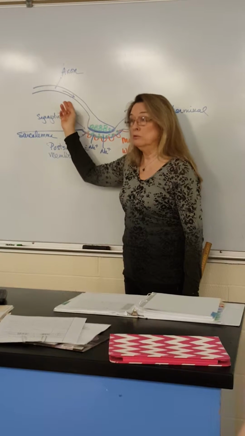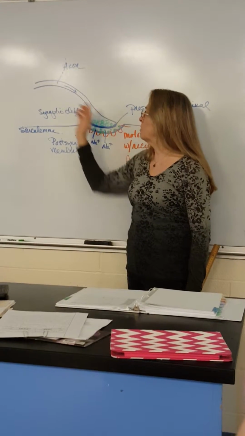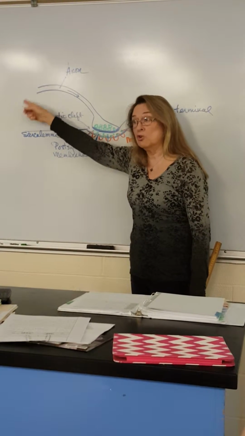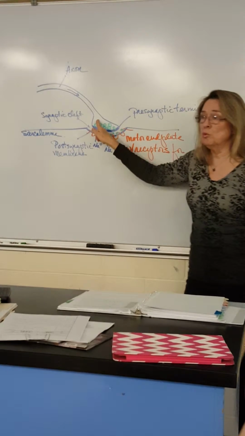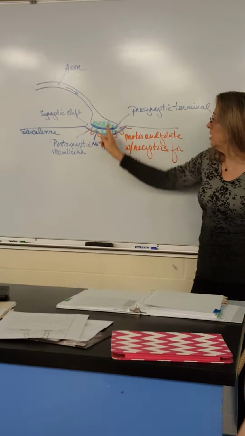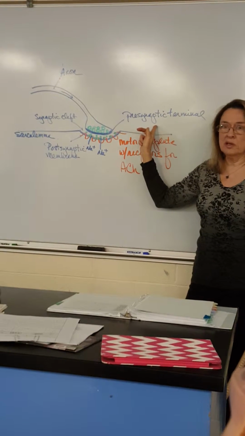This is a motor neuron. So the axon is coming towards the muscle fiber. The signal will come from the spinal cord towards our muscle fiber. This is my terminal bulb of the axon. And this part of the membrane on that axon is called your presynaptic terminal.